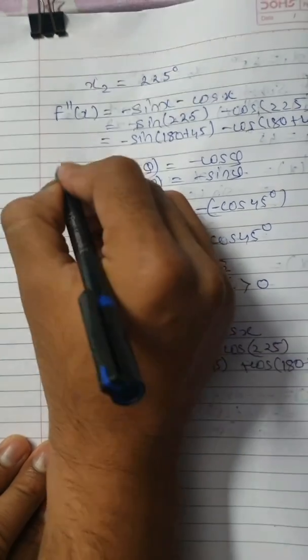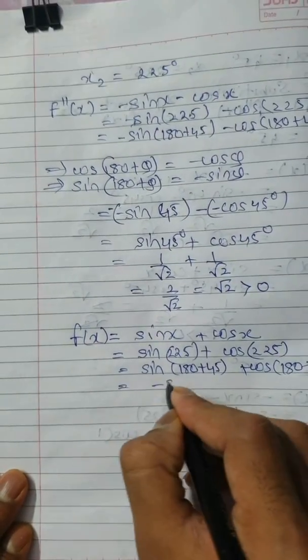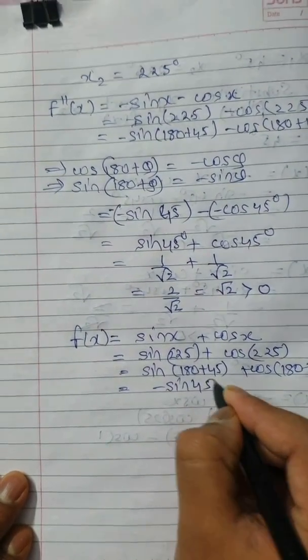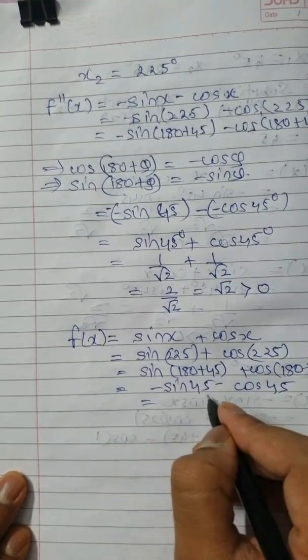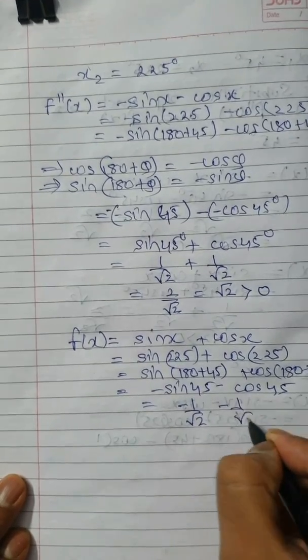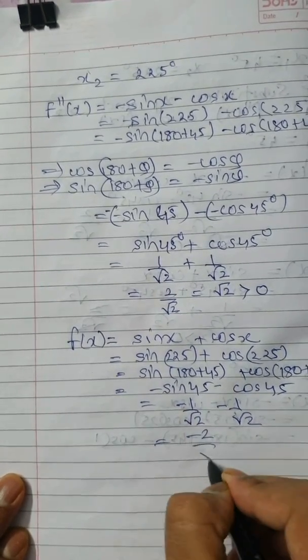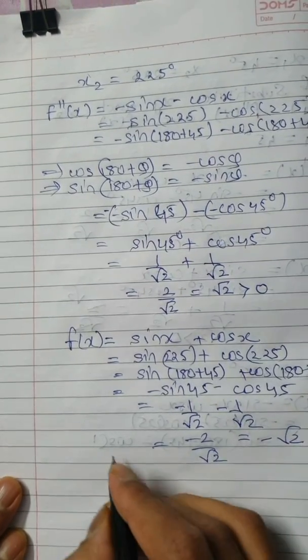We will use the same rule which we have used above, that is minus sine 45 minus cos of 45. Minus sine 45 minus cos of 45 means minus 1 by root 2 minus 1 by root 2, that is minus 2 by root 2. Answer will be minus of root 2, which is less than 0.